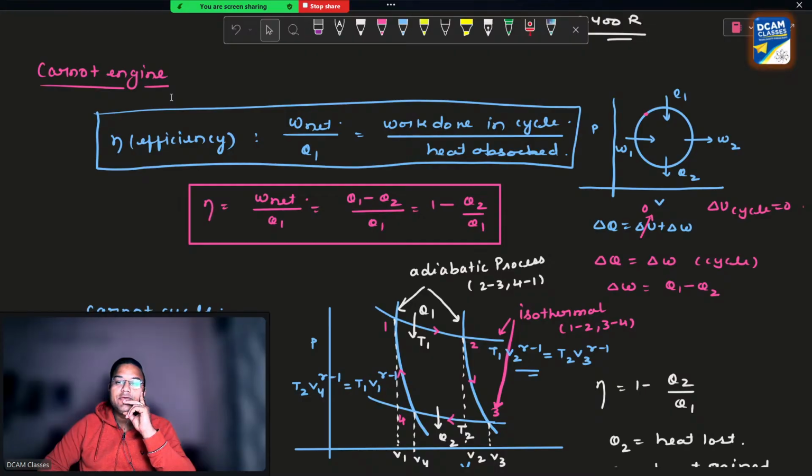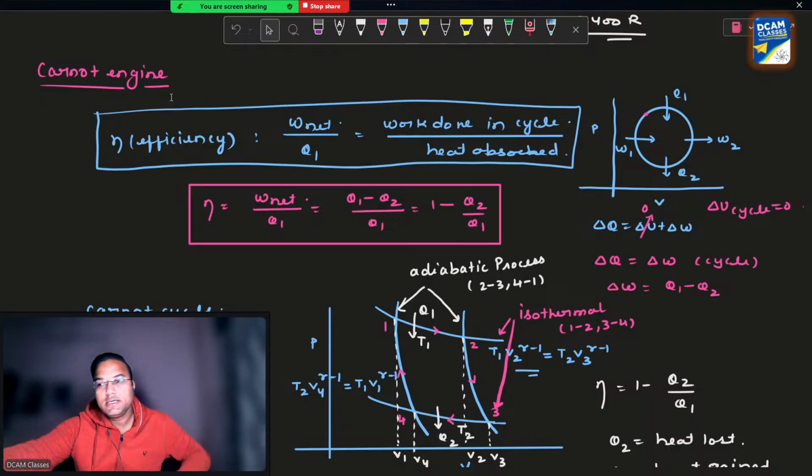Efficiency of an engine is given by the total work which is done in the cycle. The processes which are present in an engine actually complete one cycle. They start from one point and they again reach that point. How?